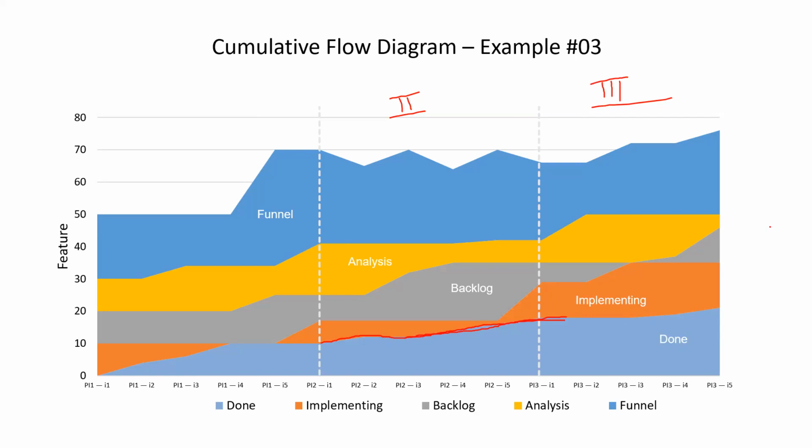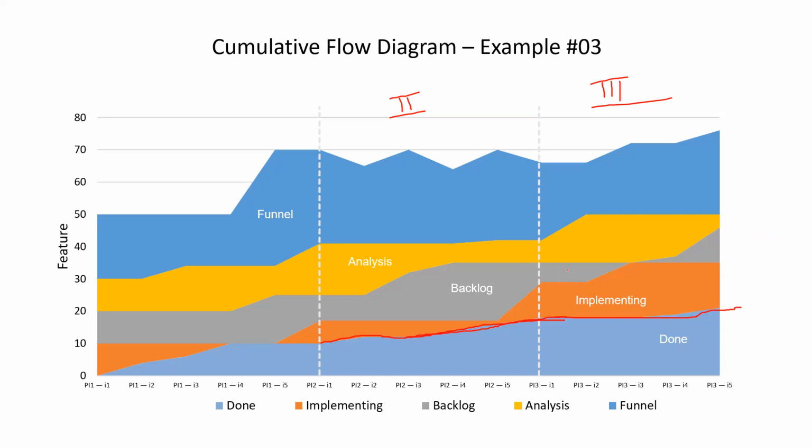And a little bit of backlog increased after some time. And implementation is more there in the third section. As well as there is a slight upward in the done section also. Thanks. So there is a slight, slow and steady improvement in the done state. Slow and steady, not too drastic.